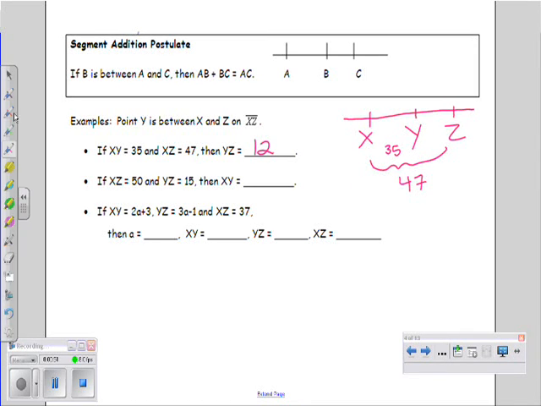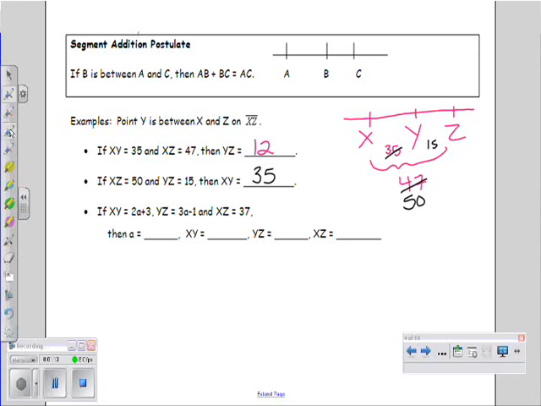Now if we change it, and now we say that YZ is 15, so we're no longer dealing with this one, and the total distance is now 50, then XY must be, what plus 15 equals 50? Let's go with 35. But obviously it's never going to be that easy, right? Because you know we wouldn't do that.